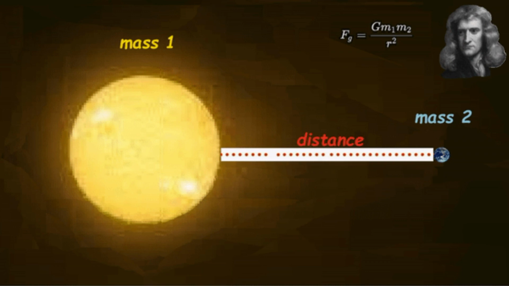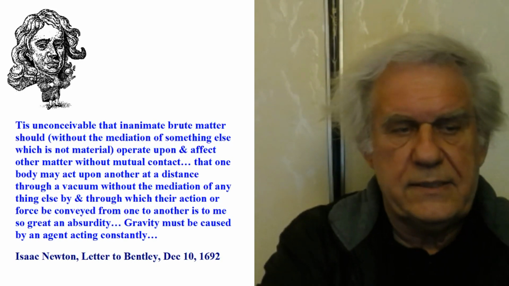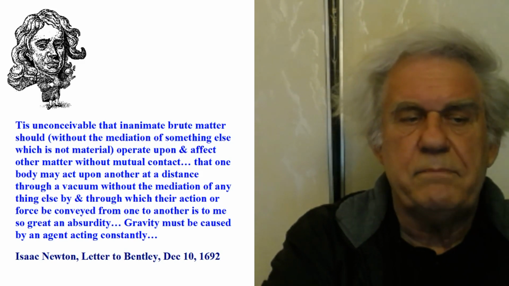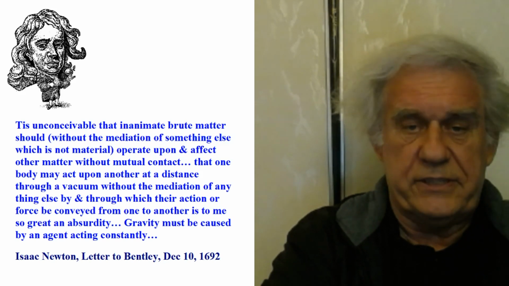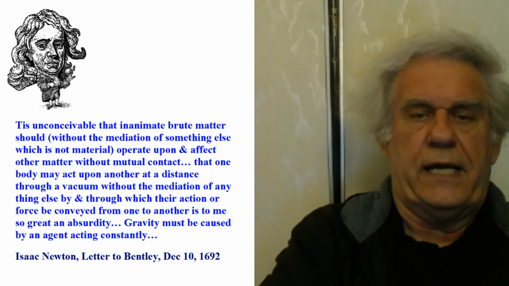But then he could not explain with this how the earth was physically tied to the sun. He could not explain it. In fact, he says the following, a famous quote from him in a letter to Bentley. He says, it is inconceivable that inanimate brute matter should, without the mediation of something else which is not material, operate upon and affect other matter without mutual contact.